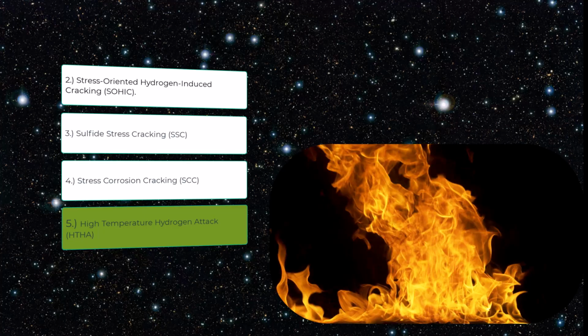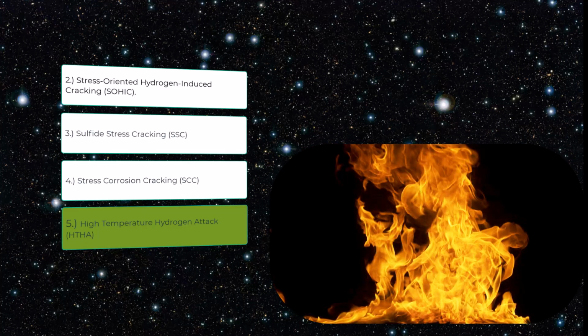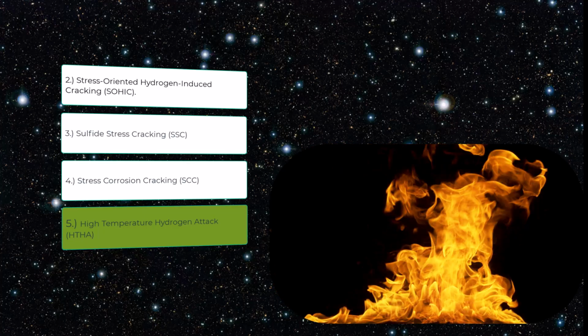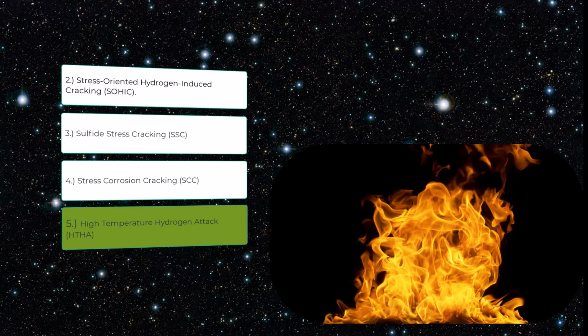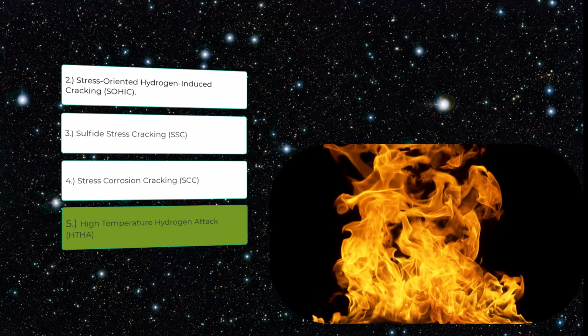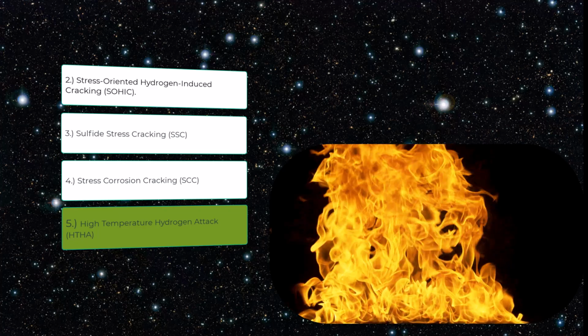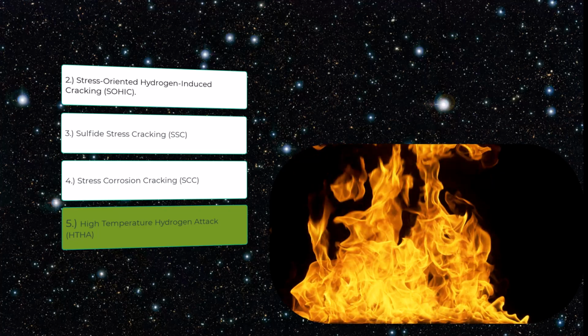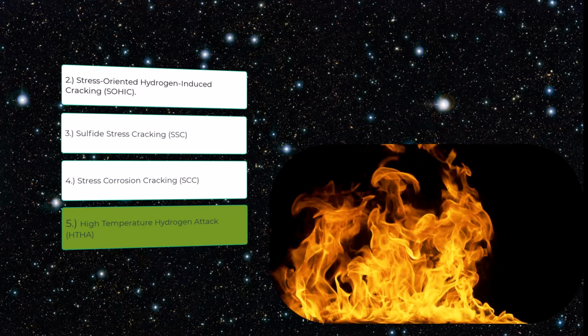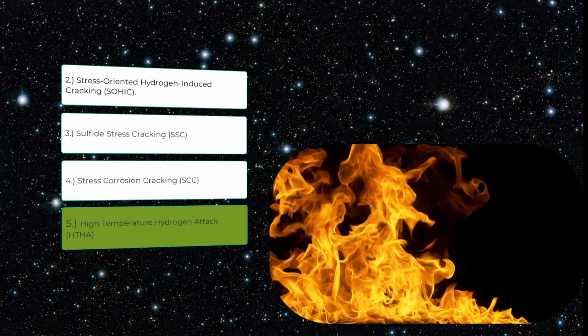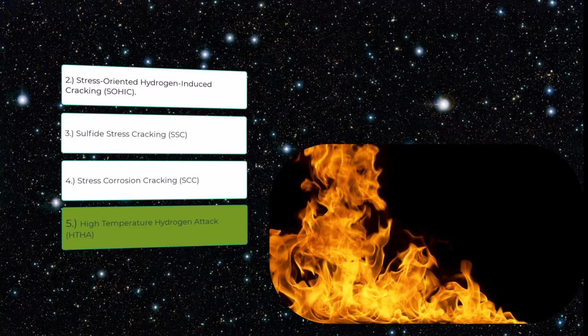For high temperature, the situation is a little bit different. This time hydrogen migrates through the metal lattice into the metal itself, where because of high temperature, carbon ions are available.